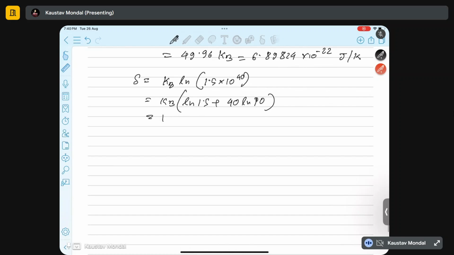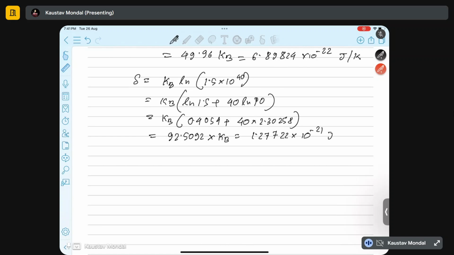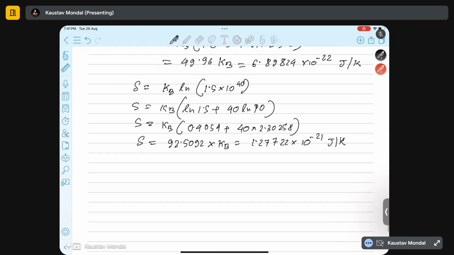This simplifies to Kb into 0.4054 plus 40 into 2.30258, which gives 92.5092 into Kb. That gives 1.277 into 10 to the minus 21 joule per Kelvin. This is the expression of S.